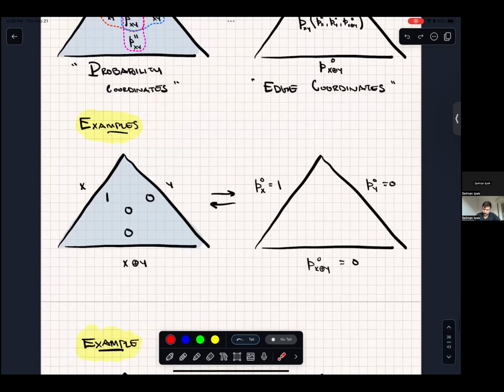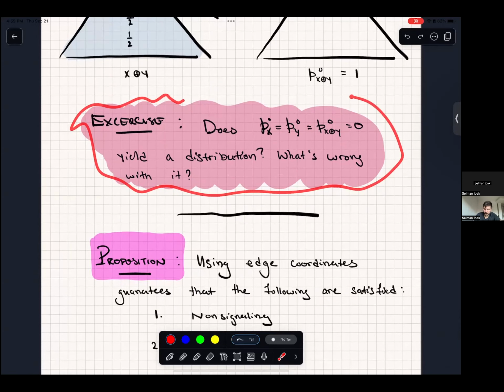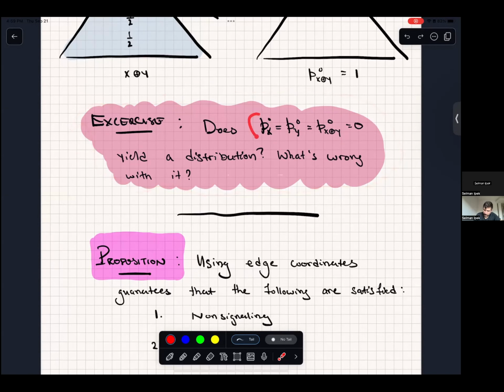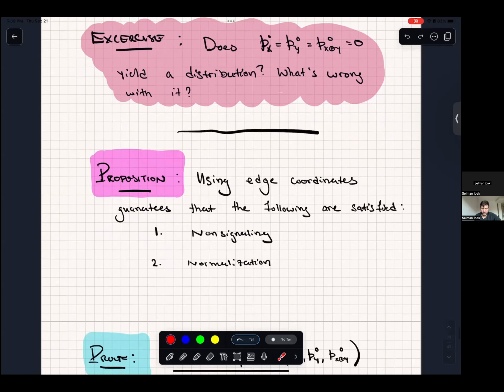So for example, and you kind of get where I'm going with this, does this give you a proper distribution inside the triangle? Px0, Py0, and the XOR measurement all equal to 0. Does this work? And why not?